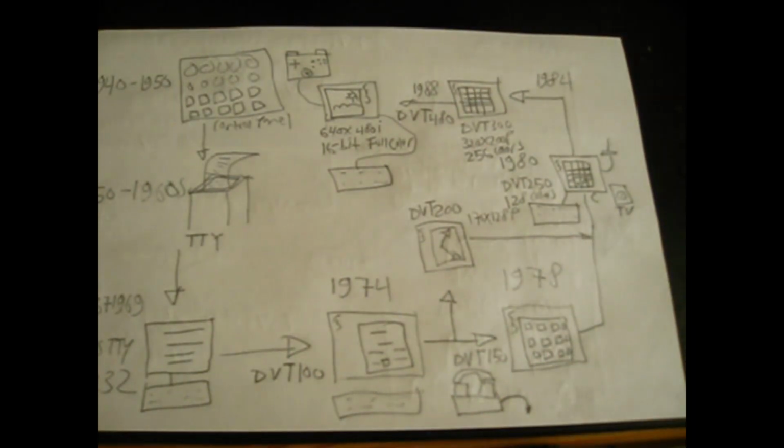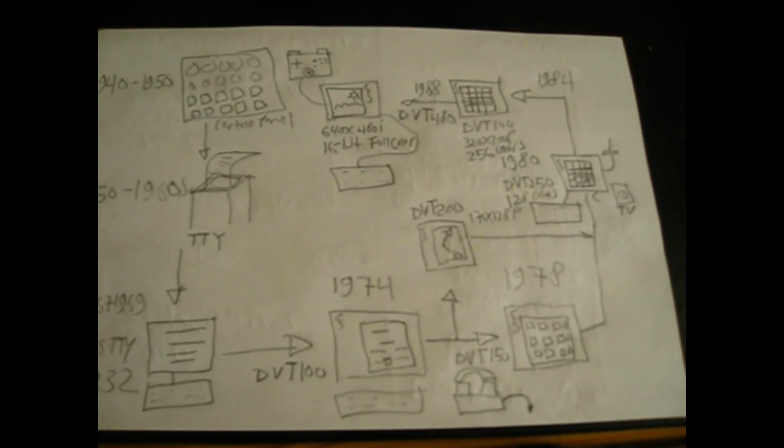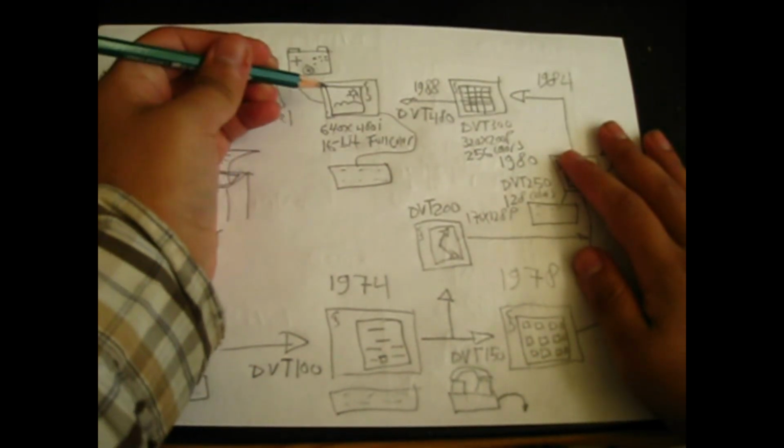Of course, there are some other details to talk about. For instance, the 1988 split that I predicted would happen. Well, what would the split be? It's right here. We've got DVT-480.